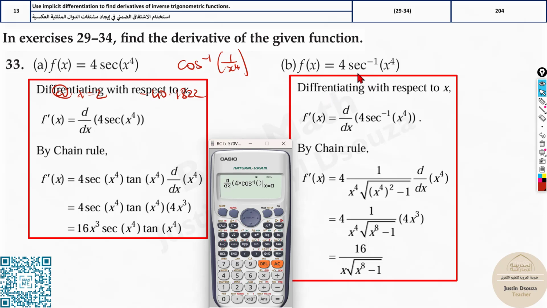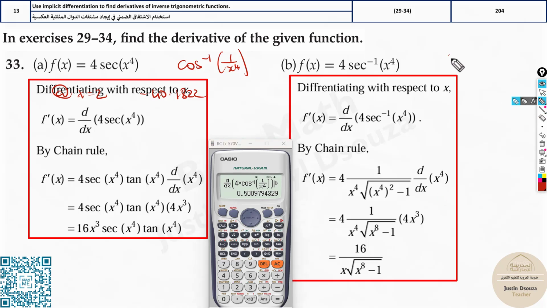Now if you're thinking what happens if it's a cosecant inverse, then you have to just have sine inverse 1 by x. Now let's write it out. 1 divided by x to the power 4, and then you have to close this bracket. Only one bracket I have opened for cosine inverse, and that's closed. That's it. Let me take a value of 2. Why? Because it's in the domain. 0.5000. Let's try this.